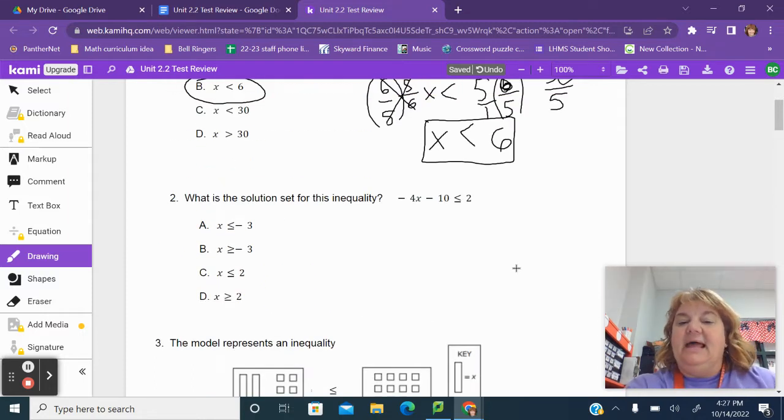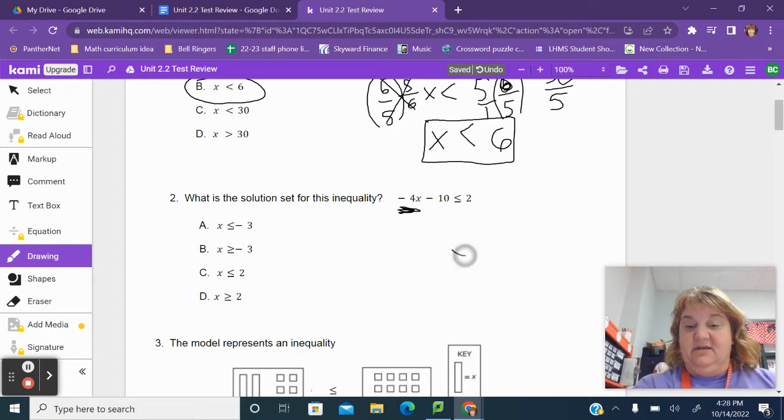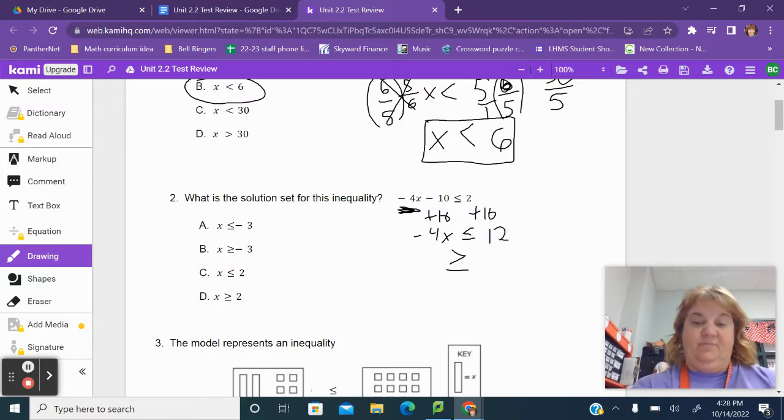Now, the minute I see a negative with the variable, that tells me I'm going to be flipping my sign. So I'm going to flip my sign now. By the time I get to that step, I'll flip my sign. Plus 10, negative 4x, 12.